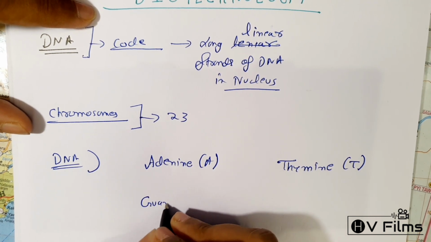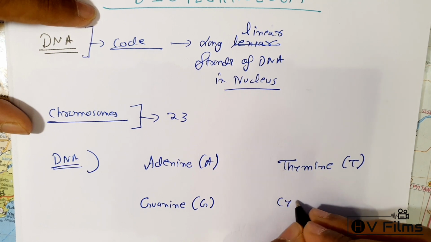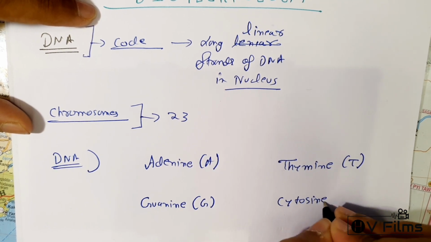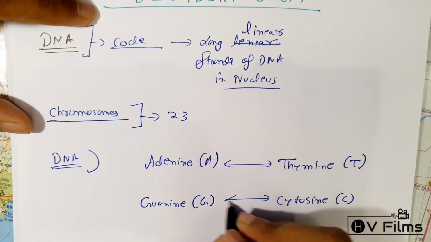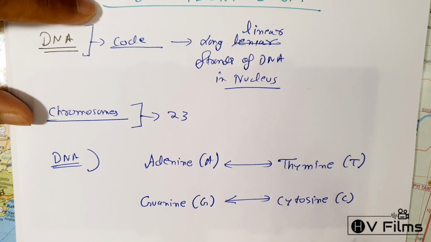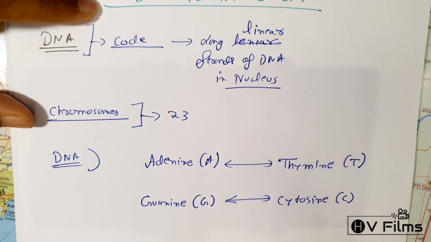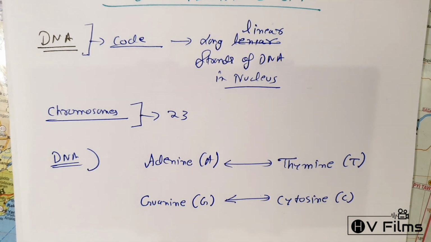Similarly, guanine, that is G, and cytosine, that is C, always form a pair in DNA. So adenine always pairs with thymine, and guanine always pairs with cytosine. So these are the basic properties of DNA itself.